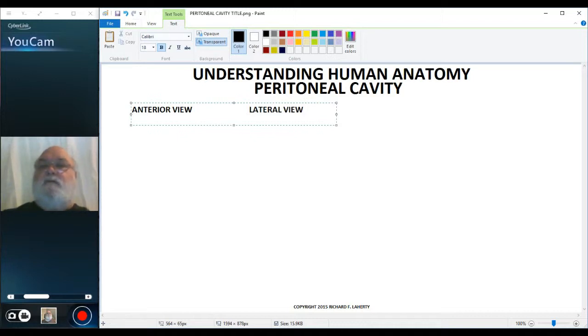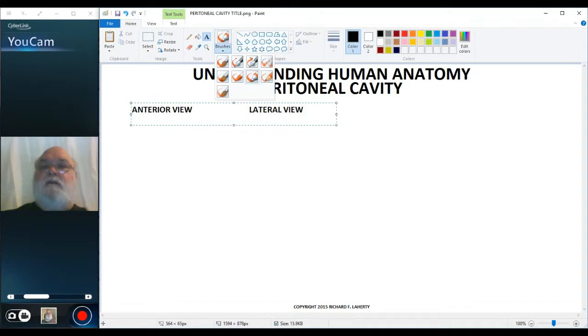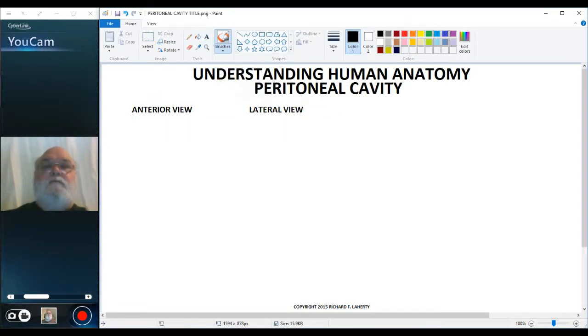So let's start with the anterior view. And if we look at the anterior view, the esophagus comes through the diaphragm and the stomach bulges.